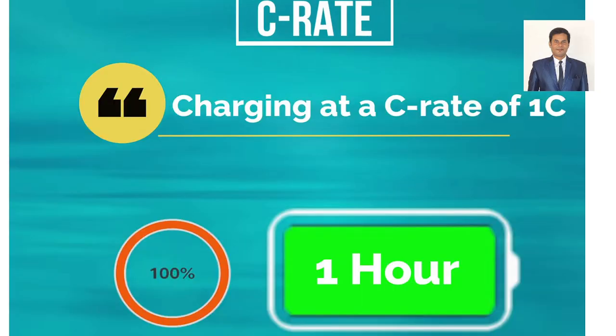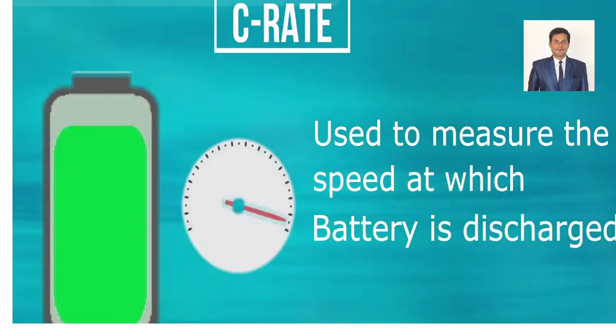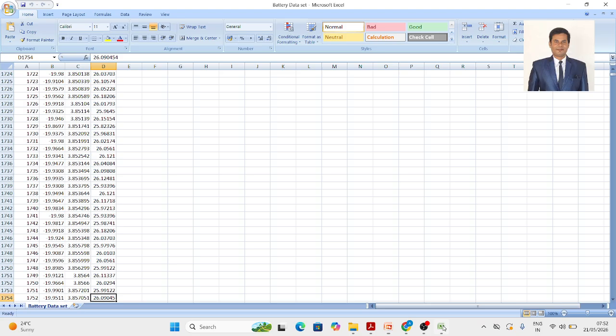As you can see in the Excel sheet, we are maintaining about 25 to 26 degrees centigrade for all the thousands of data points I have taken for analysis. The temperature stays in the range of 25 to 26 degrees centigrade and does not keep increasing, even though I have considered more than a thousand data points.